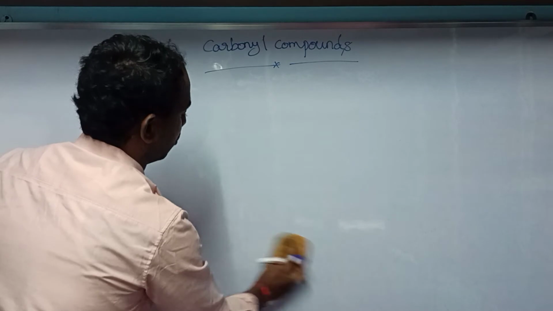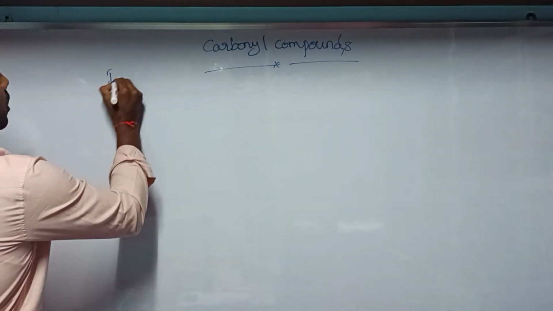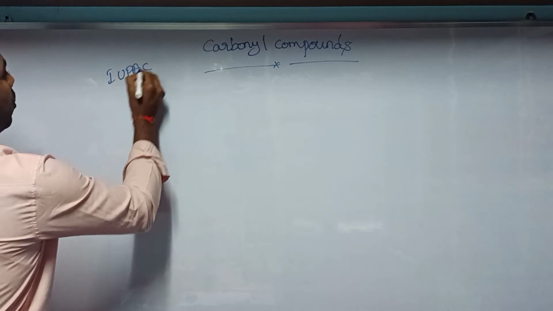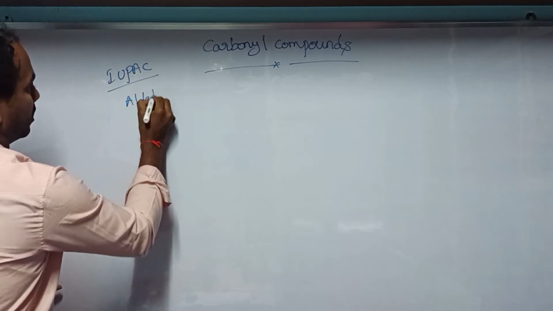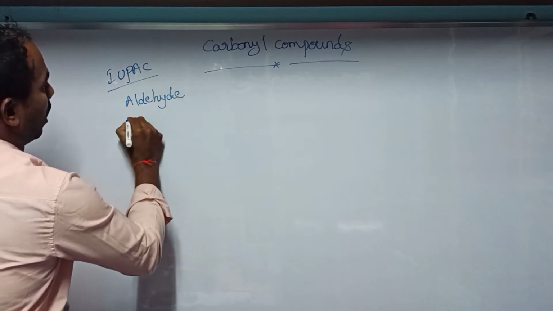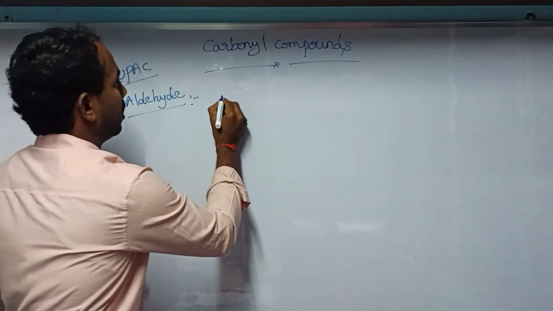So what is the functional group in carbonyl compounds? C double bond O. Here we will learn how to give the IUPAC nomenclature for aldehydes first. What is the general representation for aldehydes?